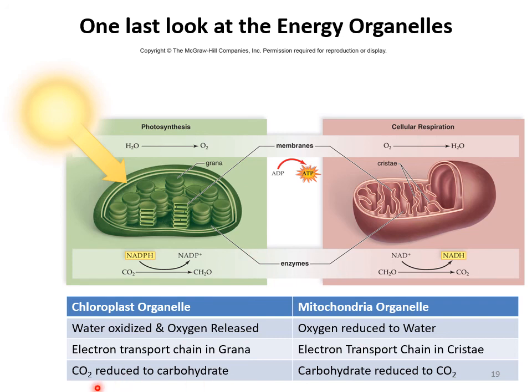For instance, you notice in photosynthesis, you have carbon dioxide reduced to carbohydrate, but today in cellular respiration, we said carbohydrate is reduced to carbon dioxide. Okay, because these two processes are opposites. Okay, but again, this is just to remind you, cellular respiration, when you think of that, I want you to think of the mitochondria as the organelle. Next, in photosynthesis, when you think of that, I want you to think of the chloroplast as the organelle.